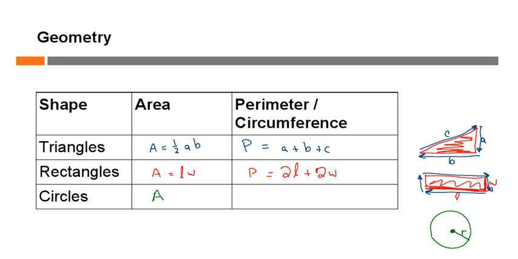But I'm going to work with R here. If they give you the diameter, just cut it in half. Just take half of it, and that'll be the radius. Okay, but the area of the circle is always given by pi r squared. The perimeter, the distance around the circle, which we now call the circumference, because it's special, it's a circle, is 2 pi r. So just kind of some reminders about geometry there.